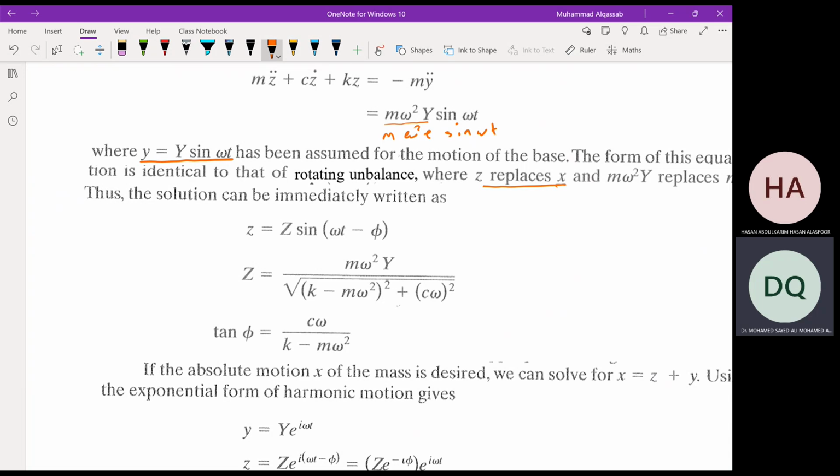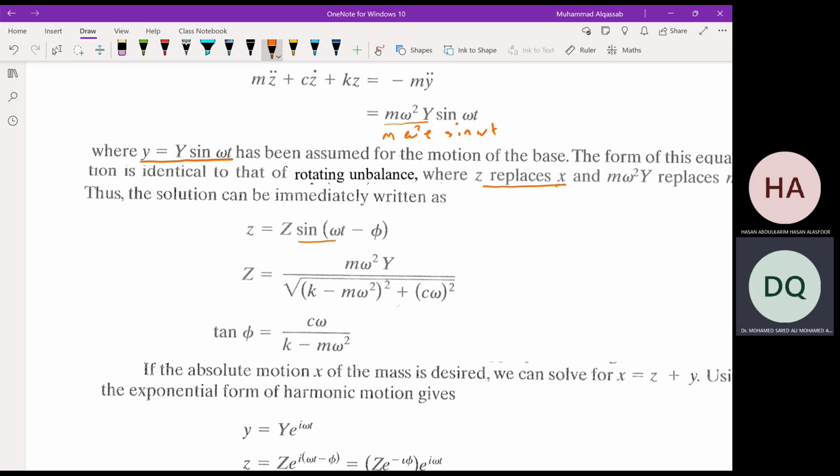The particular solution is the most important solution in vibration, because after some time only the steady state solution will remain. So z equal to Z sine(omega t minus phi) in the same form. We use sine with phase because there is damping, so there will be a phase, and it depends on omega over omega n. Z is the amplitude of the relative motion.